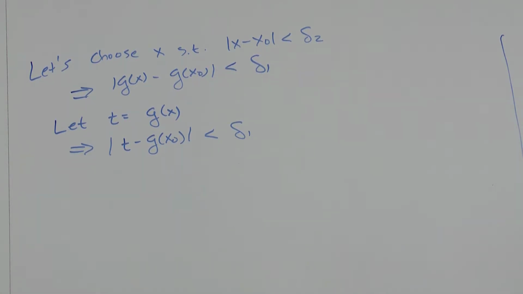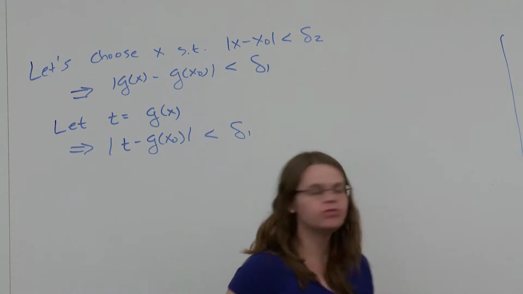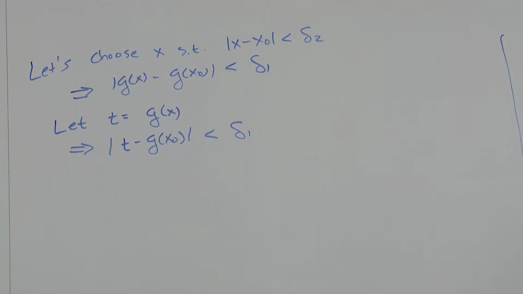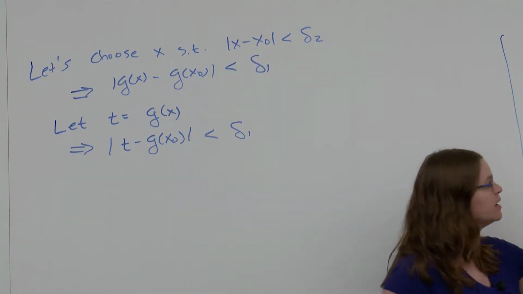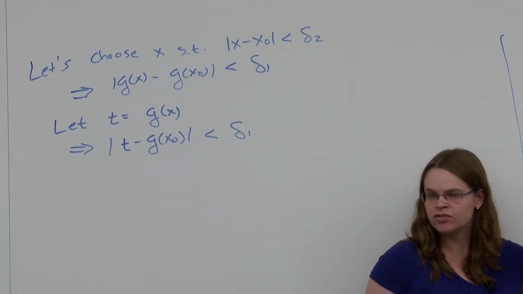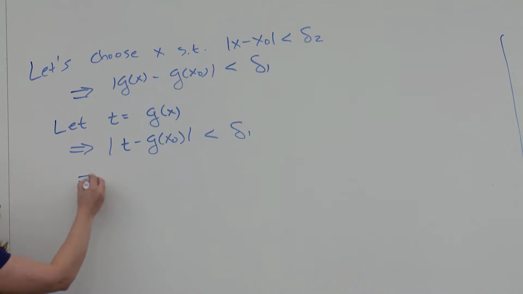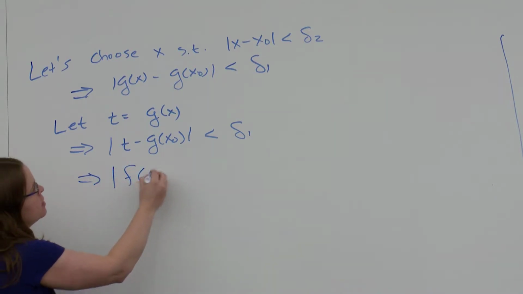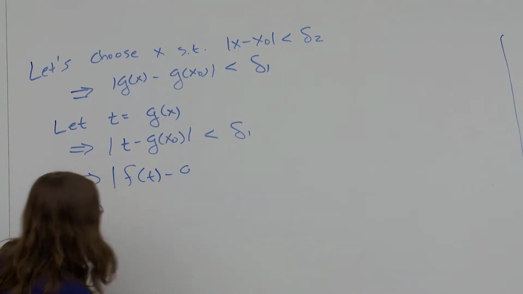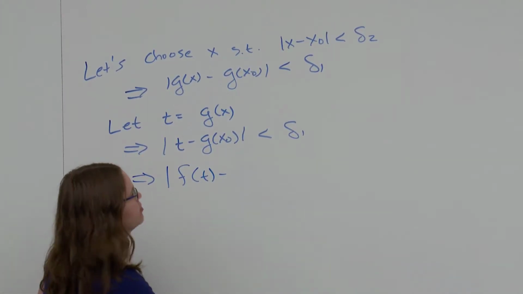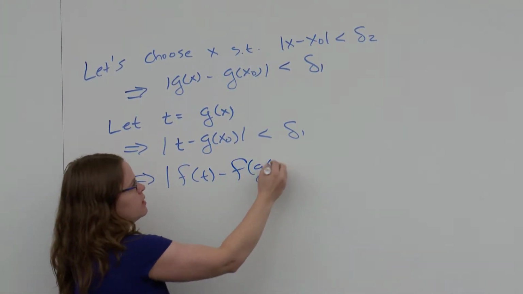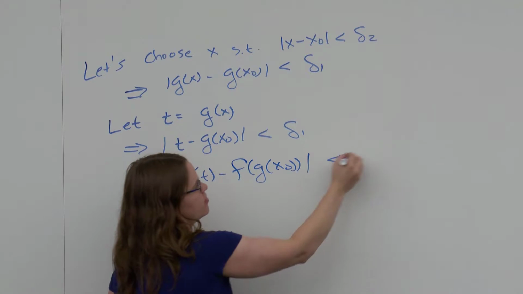Okay, now we go back to the thought that we wrote down: f is continuous. We said if |t - g(x₀)| < δ₁, then automatically we have this constraint on how much f can vary. So this means that |f(t) - f(g(x₀))| < ε.